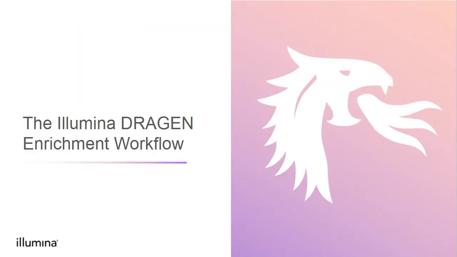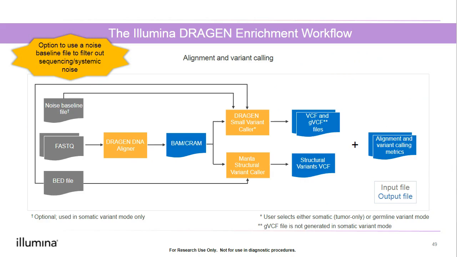Next, let's move on to the DRAGEN Enrichment NextSeq 2K workflow. What's new with this workflow is that users can now optionally use a noise baseline file to improve their somatic variant calling. A noise baseline file is used to filter out sequencing or somatic noise and is only supported for somatic variant calling mode. It also requires DRAGEN version 3.8.4 and above.